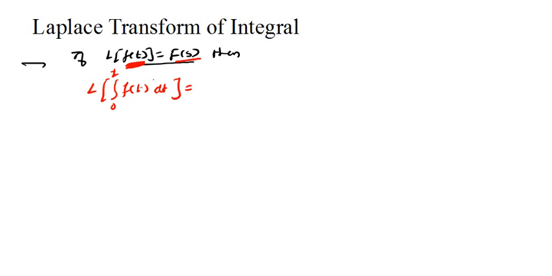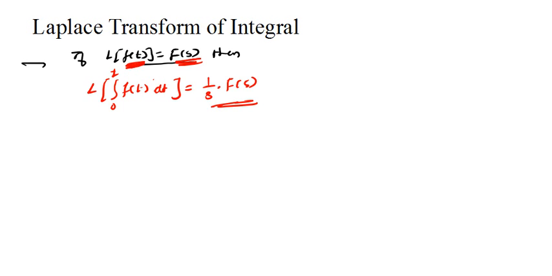In the RHS this f of s will just get divided by s. That will be the answer when you integrate f of t with respect to t under the limit 0 to t, and that is what the Laplace transform will be.